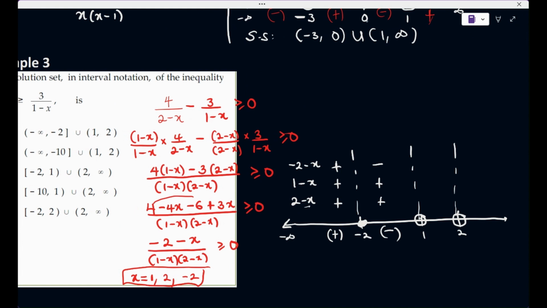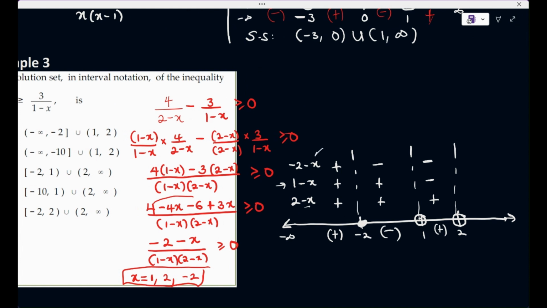Between 1 and 2, we can take 1.5. Minus 2 minus 1.5 is going to be a negative number. 1 minus 1.5 is still going to be a negative number. Then 2 minus 1.5 is a positive number. So the result will be positive here. Then you take a number between 2 and infinity. You can take 3.